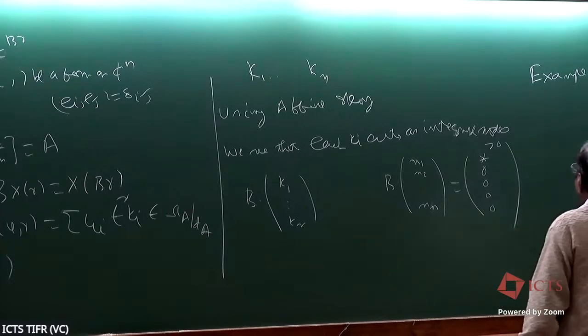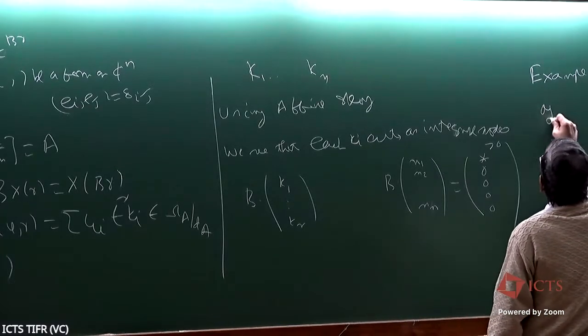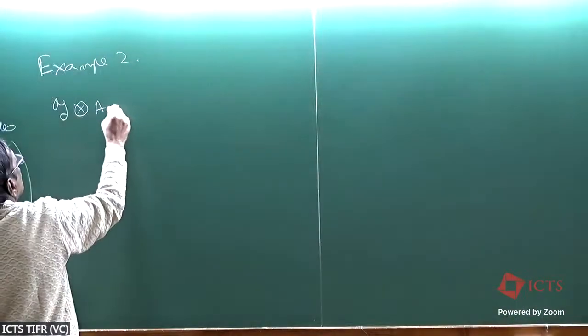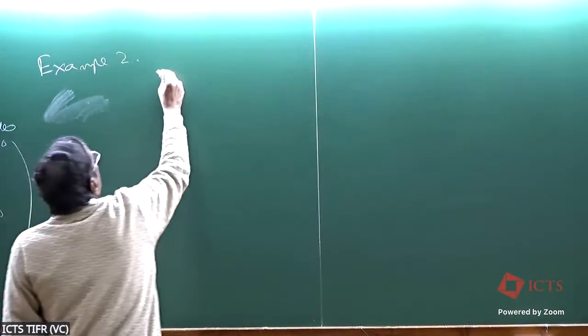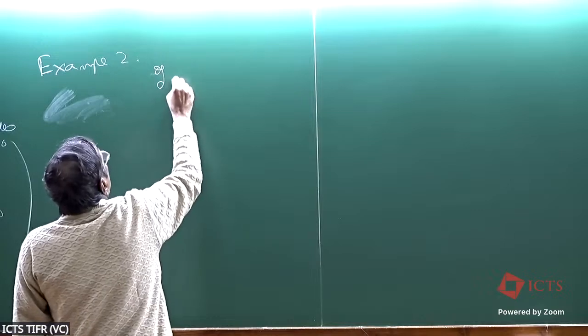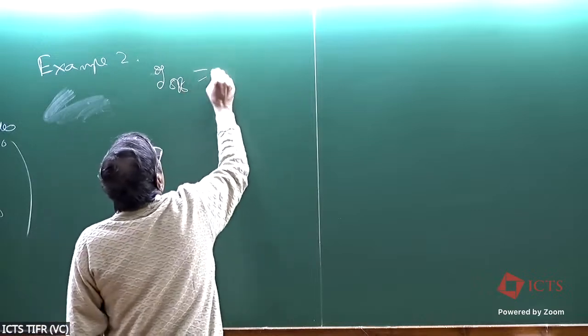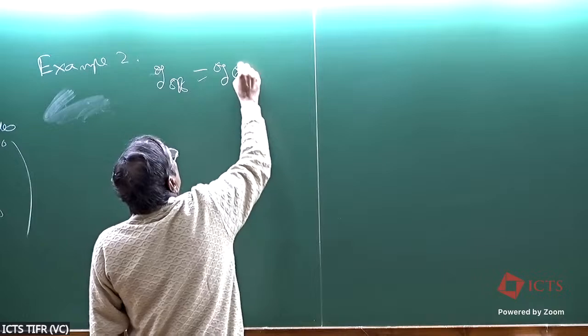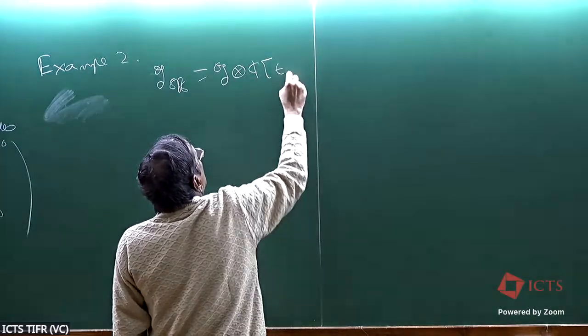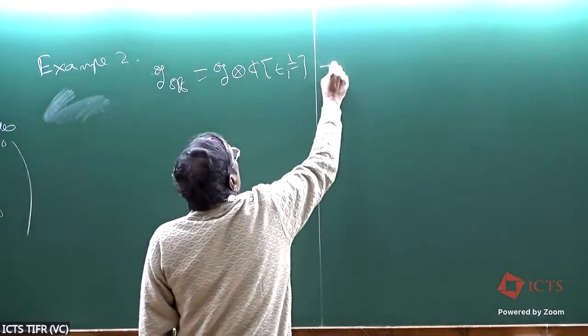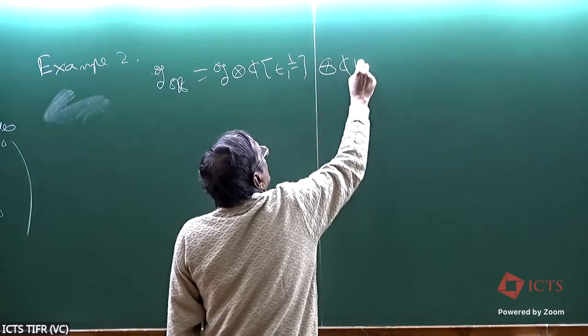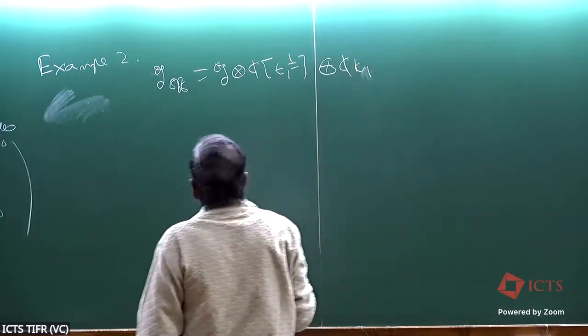Okay. So, example 2. Okay. So, let us take a map. For that, there's something else I have to do. This is affine Lie algebra with the first variable and a center. Okay.